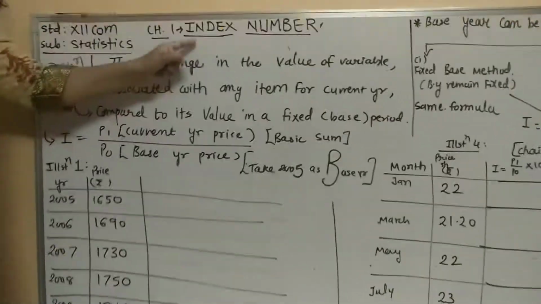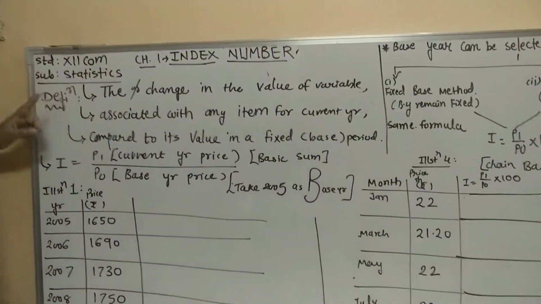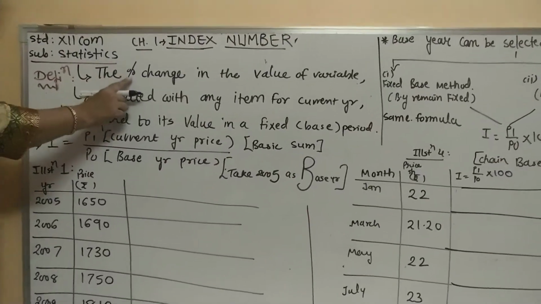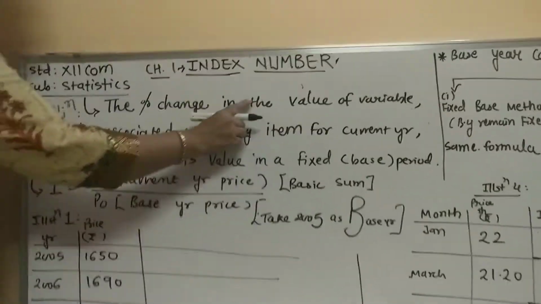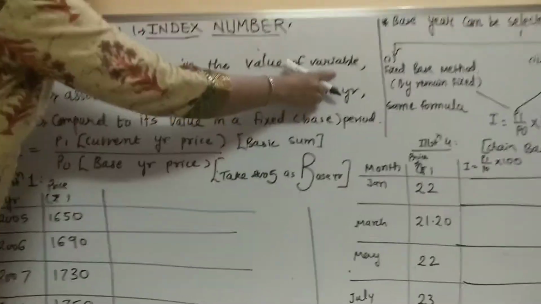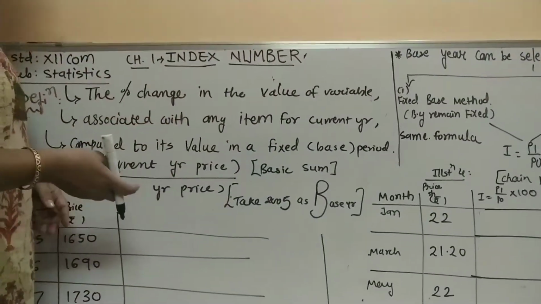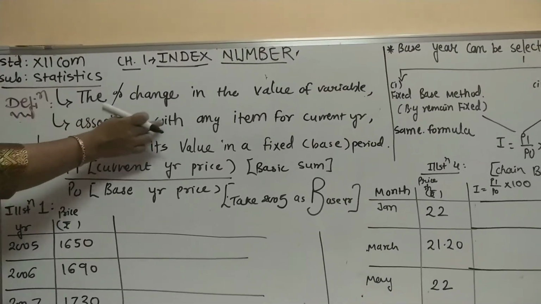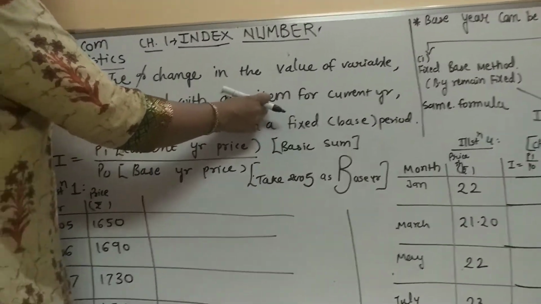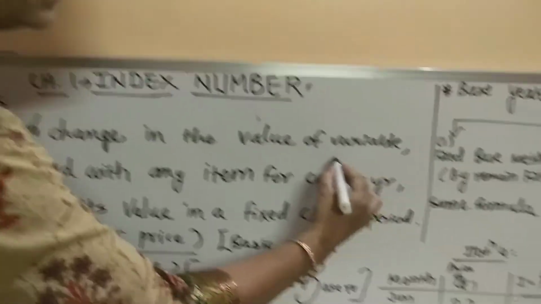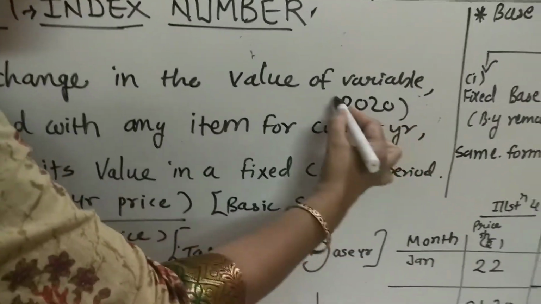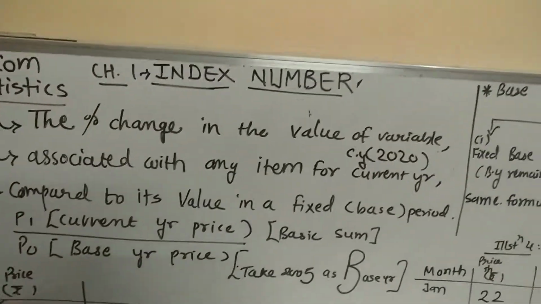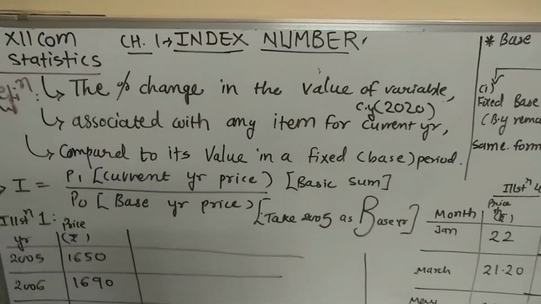Now, chapter 1 index number, see the definition. The percentage change in the value of a variable, say for example the price of petrol, for the current year. Let me take 2020 as my current year. So the 2020 petrol price is 78 rupees.